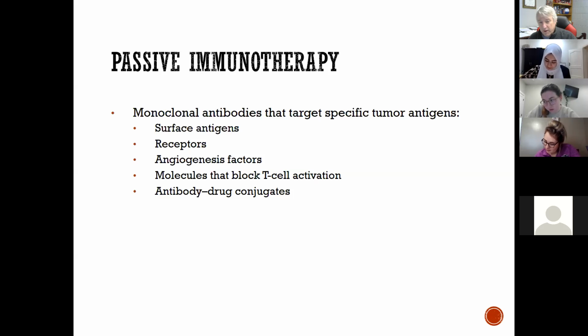So antibody drug conjugates. Brentuximab vedotin, an immunotoxin directed against CD30 antigen used to treat Hodgkin lymphoma and systemic anaplastic large cell lymphoma. And what do we know about Hodgkin's lymphoma? Has anybody heard of that? It's a good one.